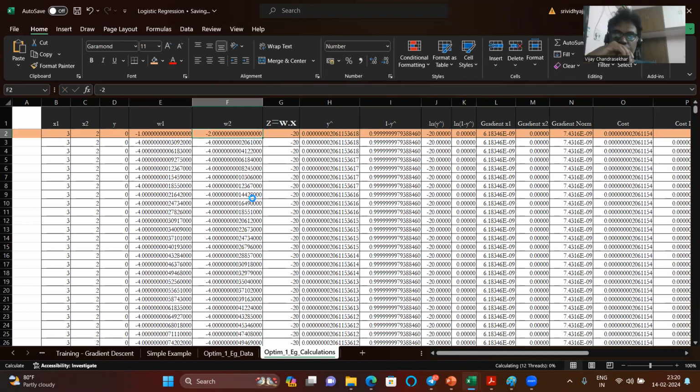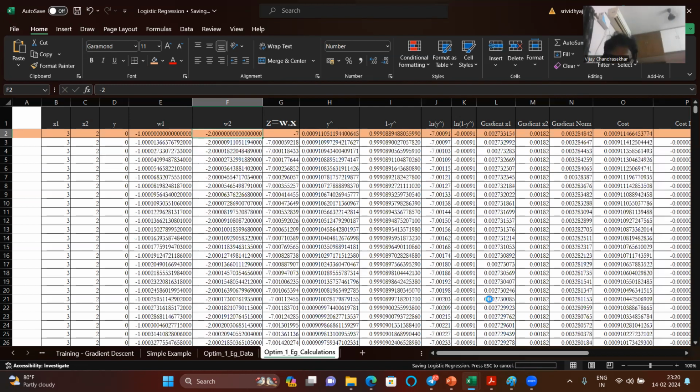Let's save this. It's doing some calculation, folks. You can see that here at the bottom, which is why it takes some time.